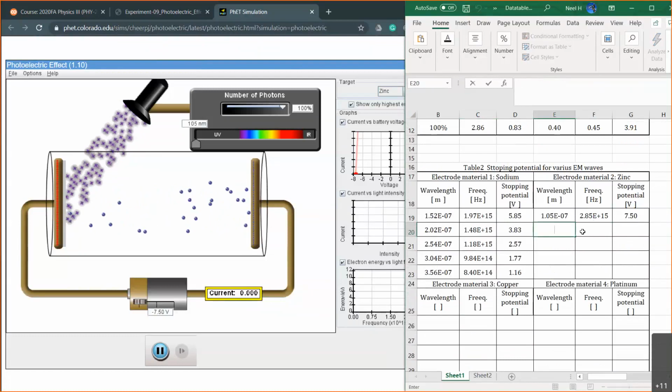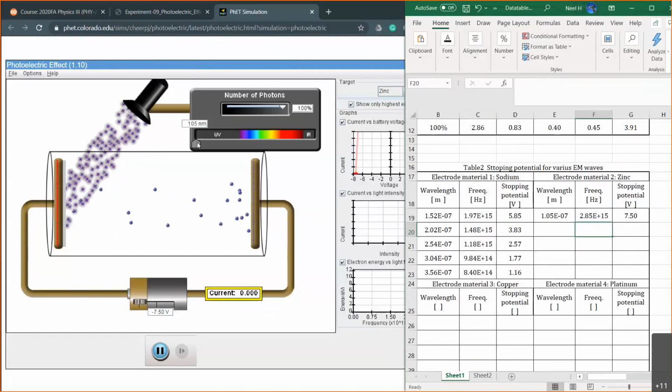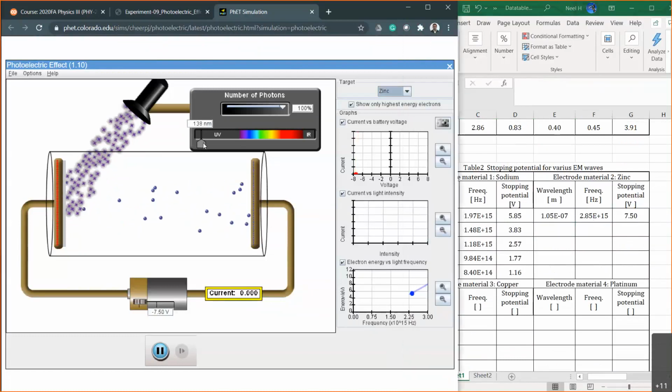All looks good. Then let's continue the same way. You can increase the wavelength by about 50 nanometers, maybe 152, and then check how much reverse potential we need to stop the current.